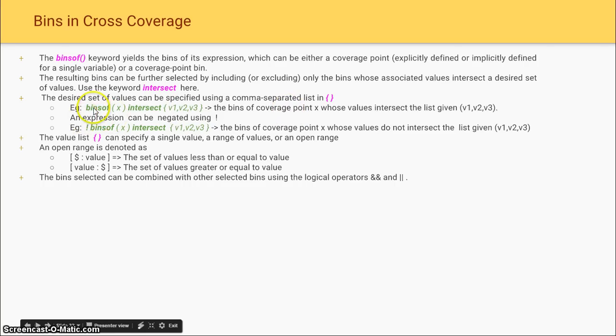And in order to negate this, we will use a not symbol. So if you use this particular expression, !binsof(x) intersect {v1, v2, v3}, then it means it's the bins of the cover point x whose values do not intersect with the given values. Now we will see an example and we'll come back to the slide again.